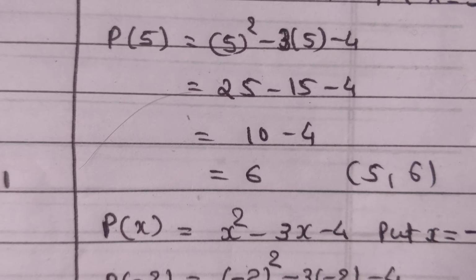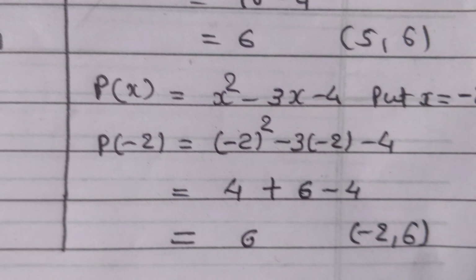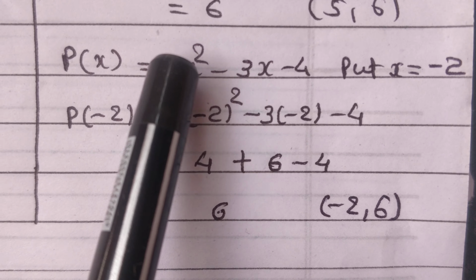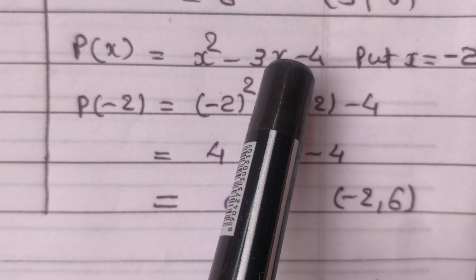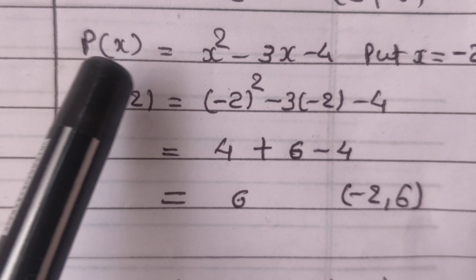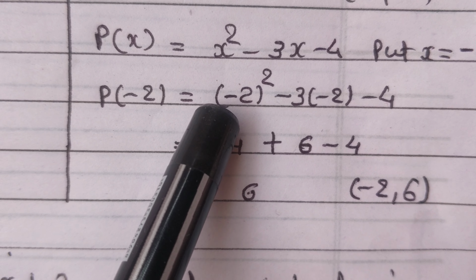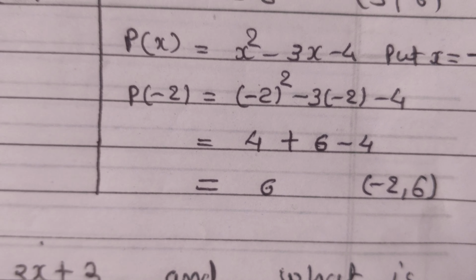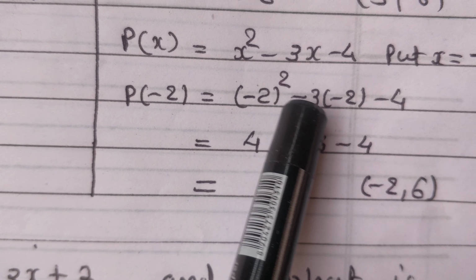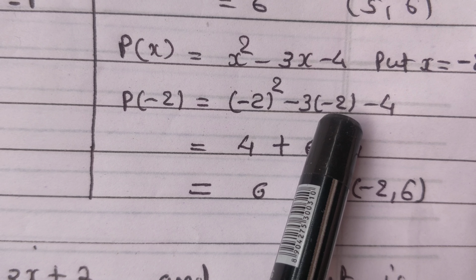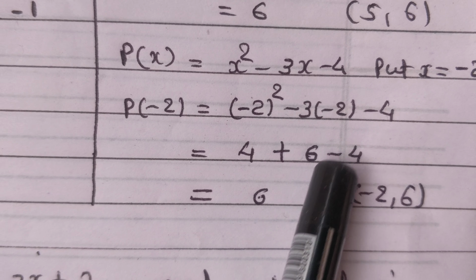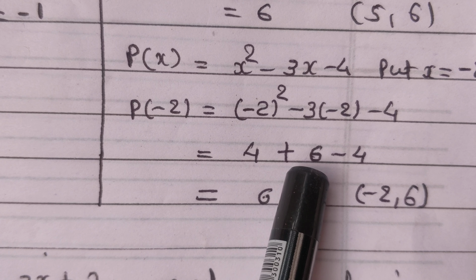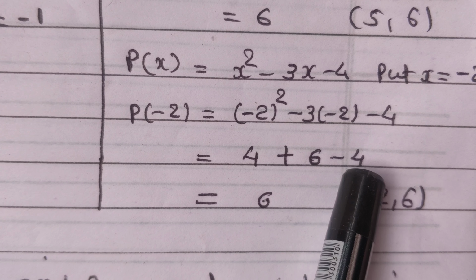Now take the fourth value of x. Put x is equal to minus 2. Here the value of x is minus 2. An even power on a negative number gives plus. 2 square is 4, and the multiplication of minus 3 and minus 2, the product of two negative numbers, is a positive number, 6, minus 4. 4 plus 6 is 10, 10 minus 4 is equal to 6.